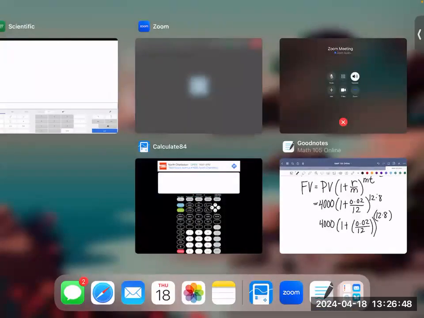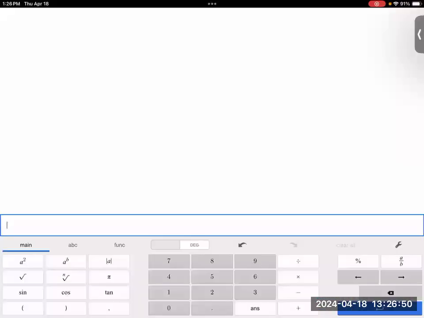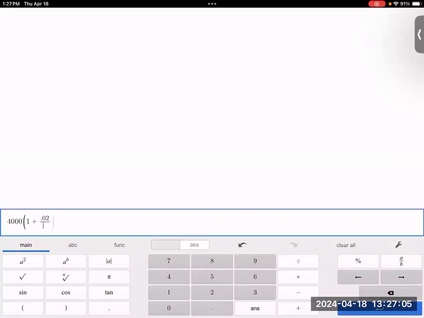I'll show you this one on perhaps Desmos first. We have 4,000, 1 plus, and Desmos is actually pretty smart. I'll show you. Hopefully it does it here, 0.02. When you hit divided by, it already has what our original function was going to look like.